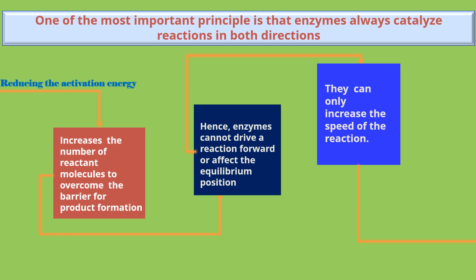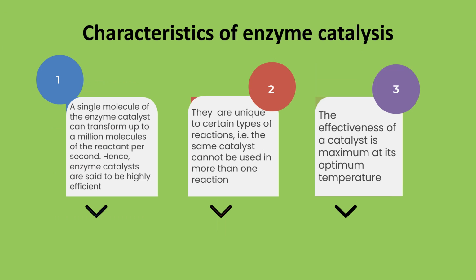One of the most important principles is that enzymes always catalyze reactions in both directions. Reducing the activation energy increases the number of reactant molecules able to overcome the barrier for product formation. Hence, enzymes cannot drive a reaction forward or affect the equilibrium position. They can only increase the speed of the reaction.